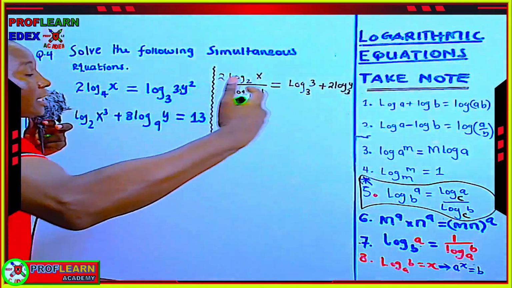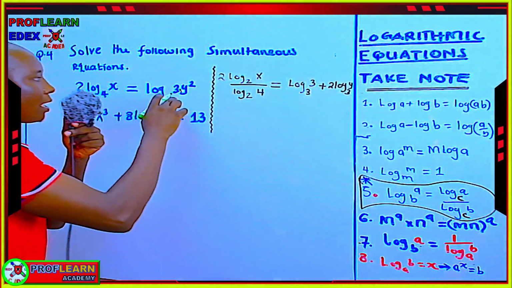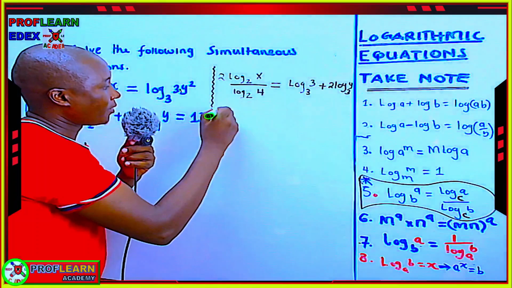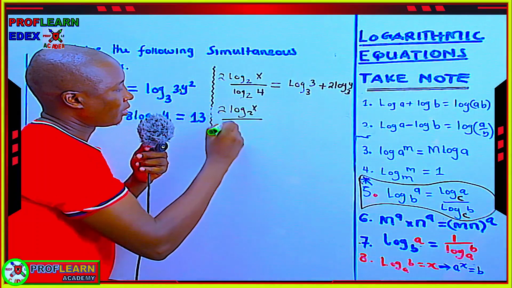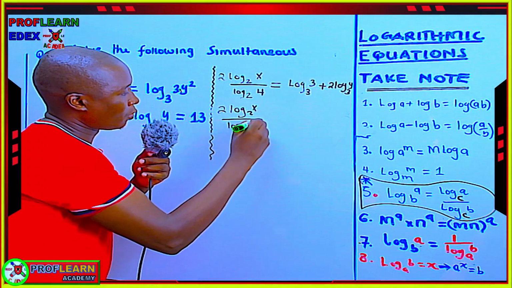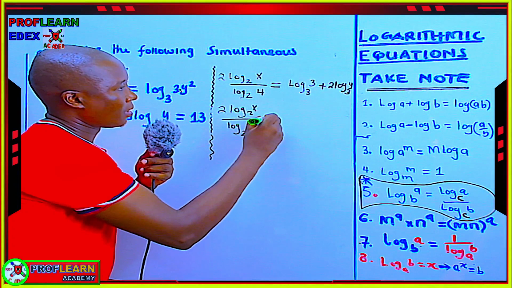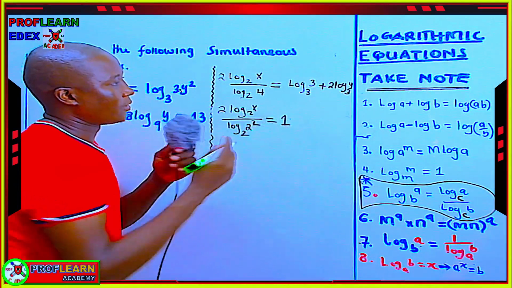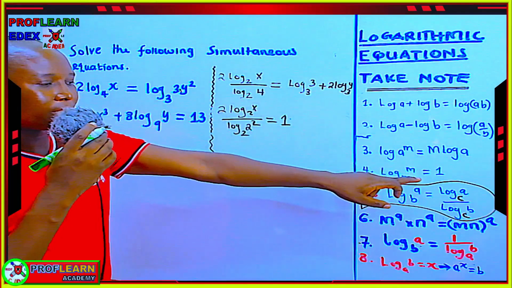I just decided to split this part. It can be written as 2 power 2. Then this equation becomes log x base 2 over log 2 power 2 base 2, plus 1, because log 3 base 3 is 1 from the rule that we have here.